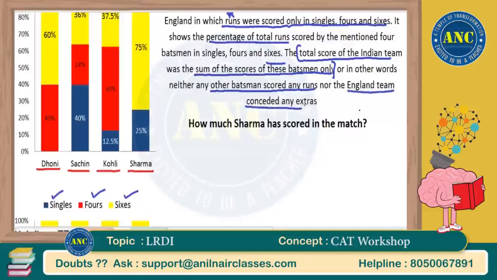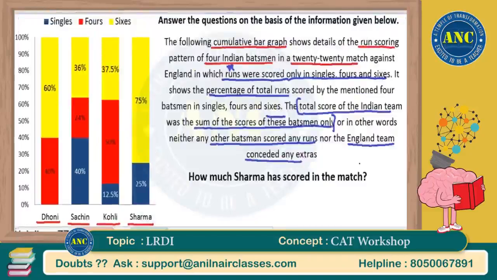So there is a T20 match between India and England. India has 4 players: Dhoni, Sachin, Kohli, and Sharma. They will score runs only in singles, fours, and sixers, and a cumulative bar graph shows the percentage of total runs.